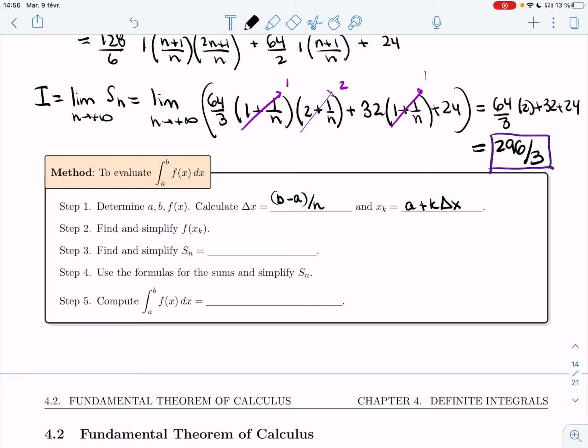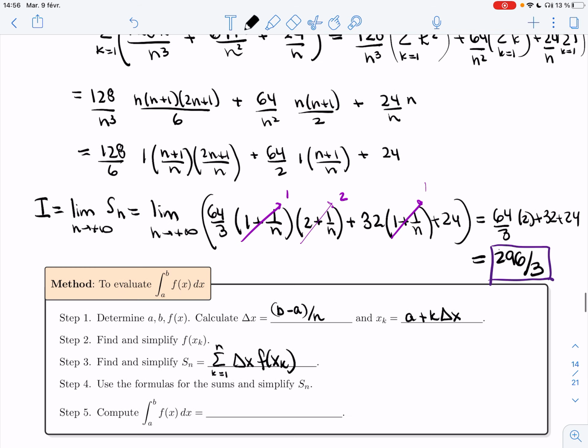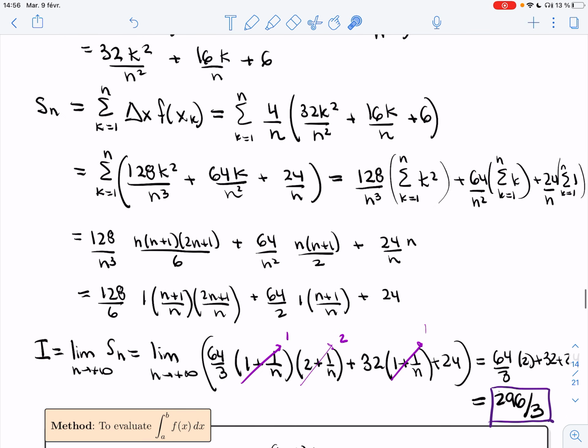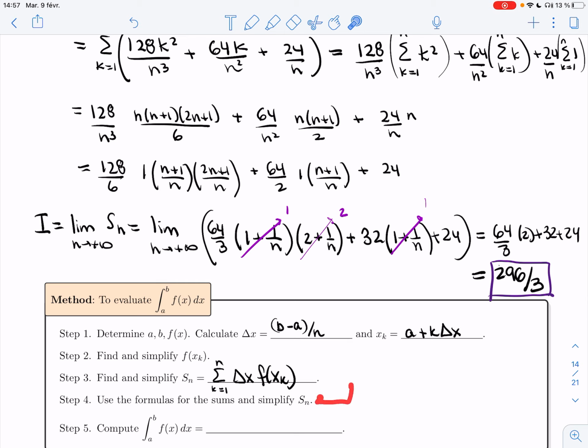Then you would find and simplify Sn, which is the sum from k equals 1 to n of delta x times f of xk, and again I would simplify it until you got to a point where you have a number times the sum of k squared, a number times the sum of k, a number times the sum of 1, and then you would replace the summation by the summation formulas that we have, and then you would simplify.